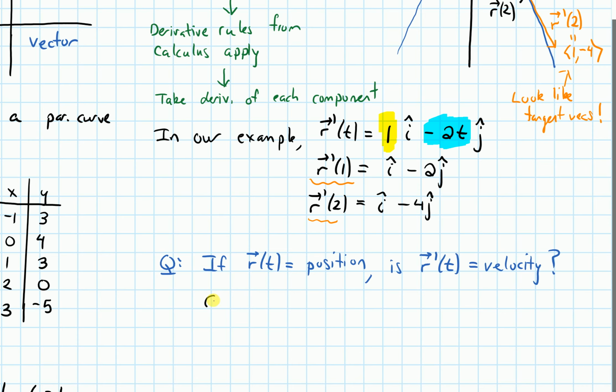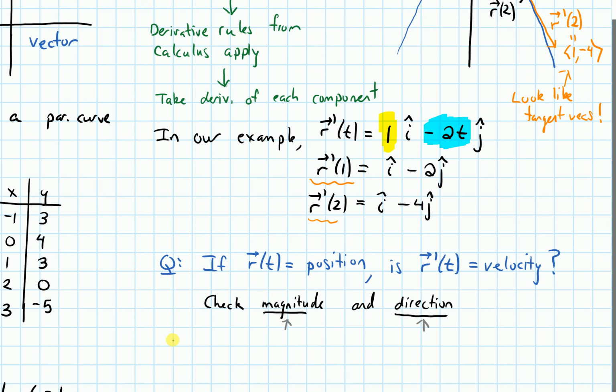So to answer that, we need to check the magnitude and the direction. So I need to check the magnitude of r prime of t and the direction of r prime of t and see if they match up with what they would be for the velocity vector.